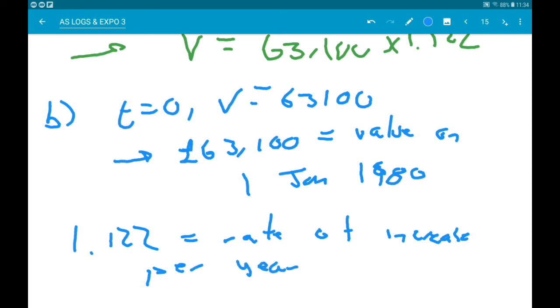So again, that is just like compound interest. The part which is increasing the value is 0.122. So by the model, the value of the painting is increasing by 12.2% per year.